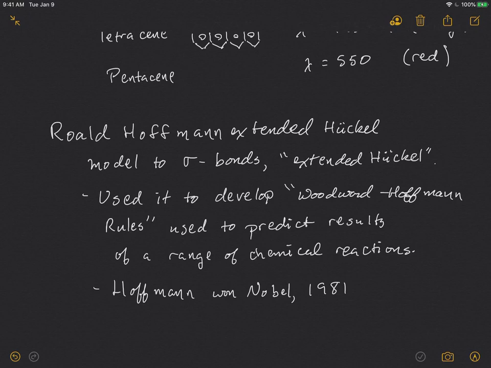Reactions where the intermediates, the reagents, or the reactants might be cyclic.